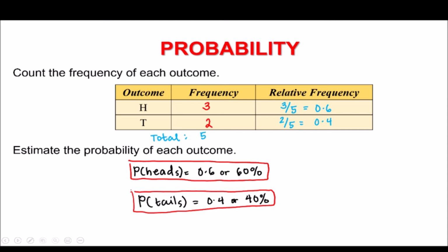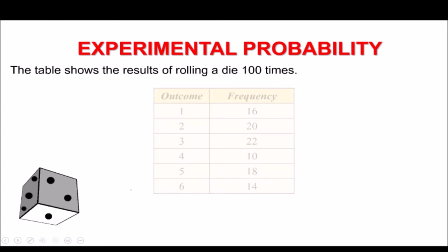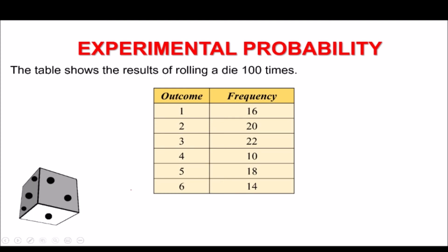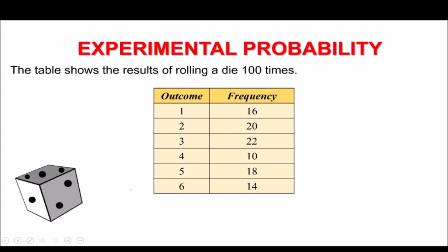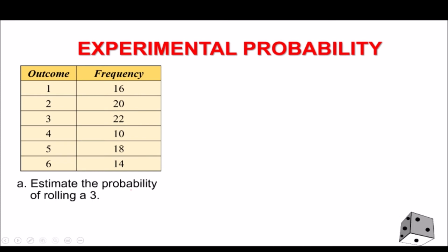Okay, let's have another example. Suppose we roll a die 100 times and we recorded the results using this table. Now let's answer the following question. Estimate the probability of rolling a three.